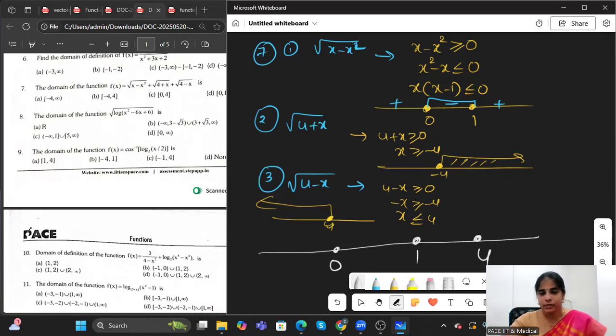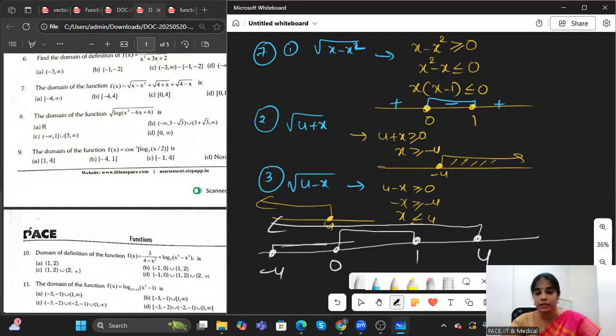All right. So 0 to 1 is one of the solutions, and x less than or equal to 4 is another solution. Also greater than minus 4. So we also have a minus 4 there. So greater than minus 4 is also the solution.